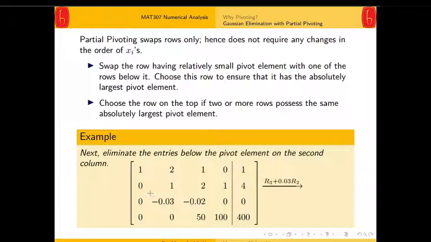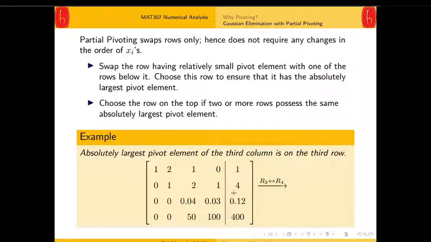Now we can proceed to cancel out this number to make it 0. For this goal, we can multiply the second row by 0.03 and then add the result to the third row. This will make this entry 0 and also modify the other entries as well. So the result will be this one.